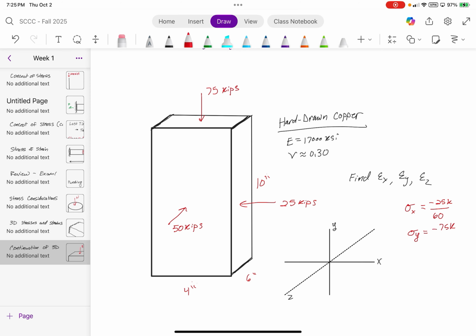Divided by 24. And then sigma z is what? 50. Positive or negative? It's also negative. Okay. Then that's where I made my mistake. Divided by 40. Yeah, it's important to understand whether the stress is causing a compression or a tension stress on the body.